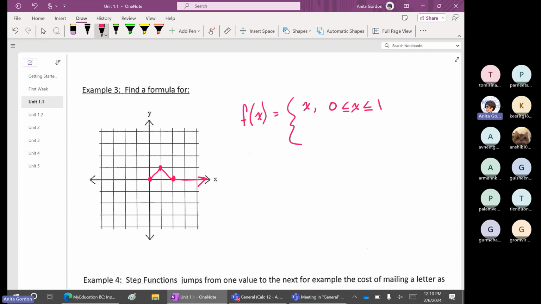What about the second piece so far? X greater than 0? No. What are the restrictions? Inclusive or exclusive?